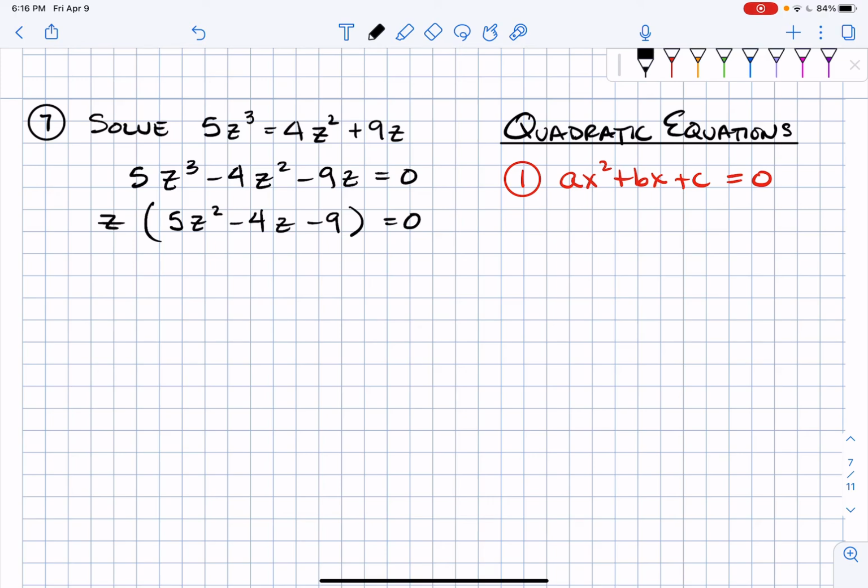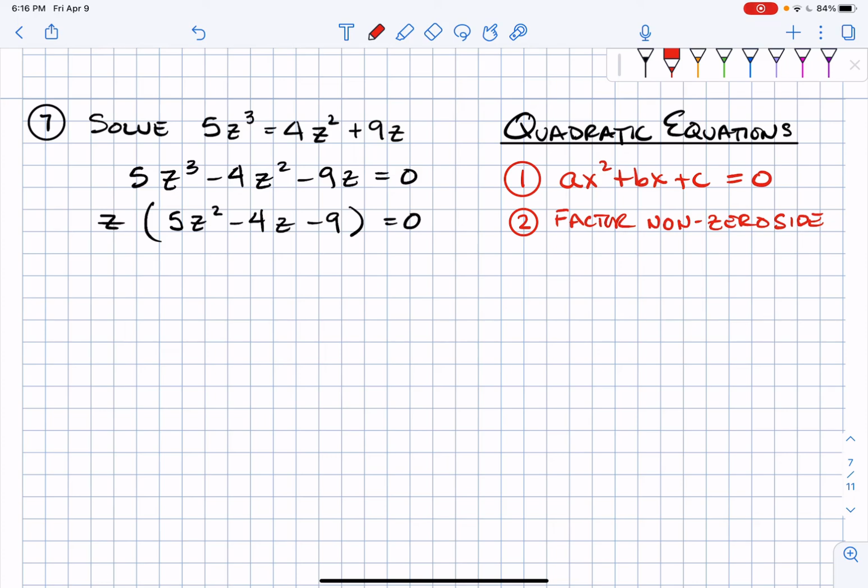Since I have to factor that left side anyways, step 2: factor the non-zero side. Let's go ahead and do the AC method here.